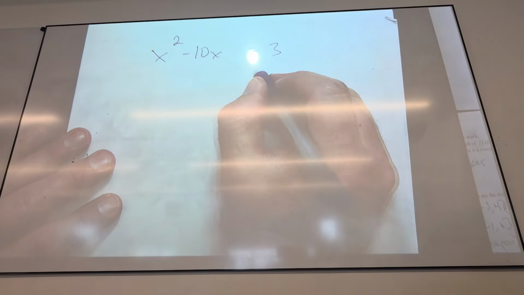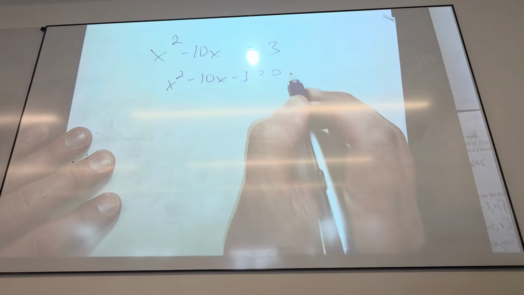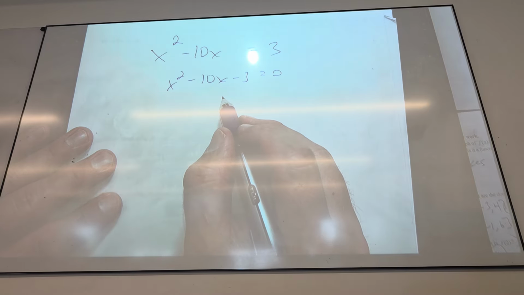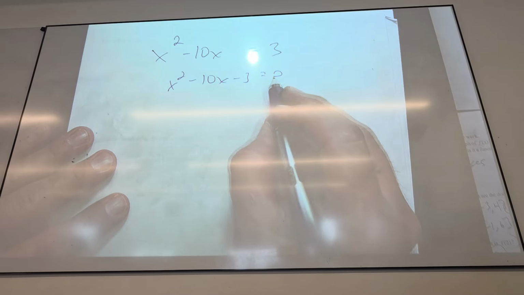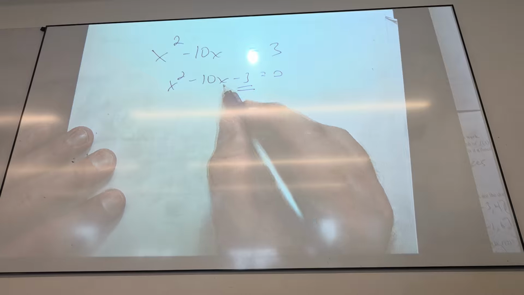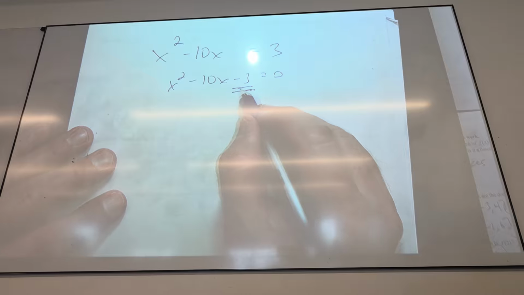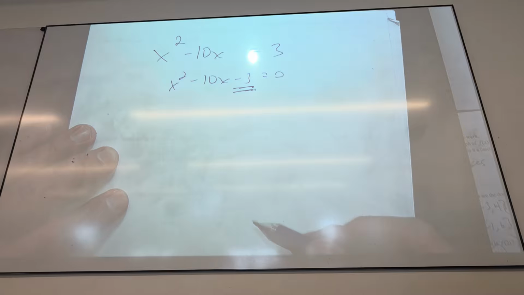Do you see, if I subtracted the 3, can I factor this? Oh, neat. How do you factor it? Teach me. Because what would I need? I would need 2 numbers that do what? You can do it. What do I need to factor this? I need 2 numbers that multiply to negative 3 and add to 10.